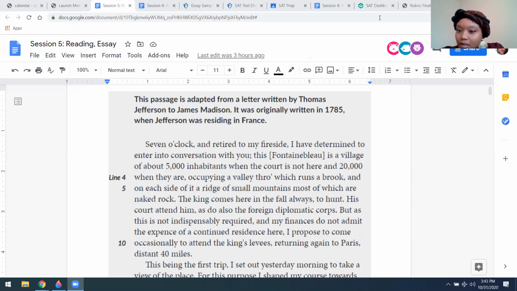ML, what are your thoughts about your first vibes, the introductory mood that this is setting?